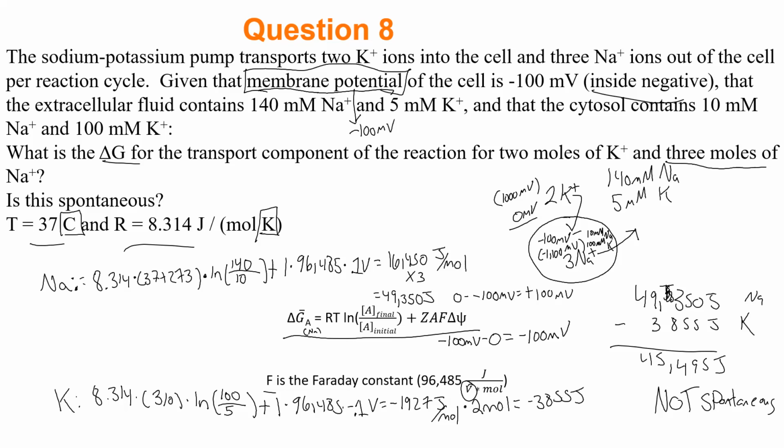So yes, you would have to use ATP to make this pump work, which is what happens. Before we end this PowerPoint, any other questions about anything we have covered today?